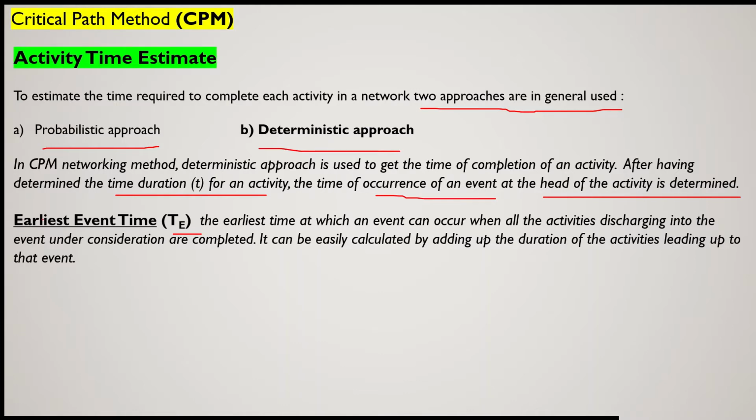So earliest event time is basically the earliest possible time of occurrence of that event. So, the earliest time at which an event can occur when all the activities discharging into the event under consideration are completed.